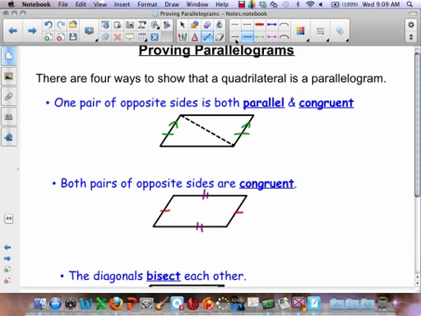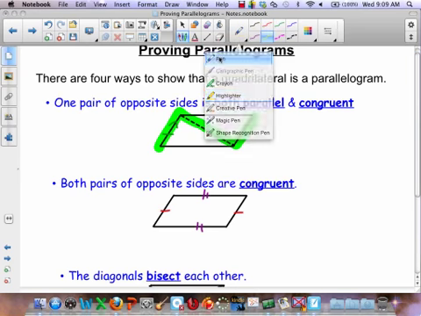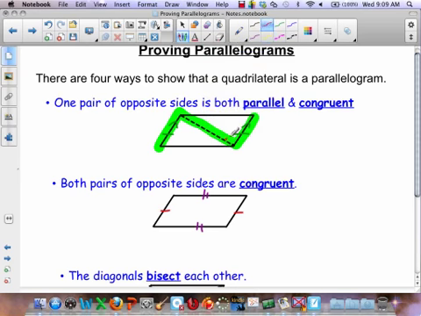And remember we talked about the Z? Anytime you have the Z with parallel lines and a transversal, what do we have? Alternate interior angles. And since the diagonal is shared by both triangles, I have side, angle, side congruent, so my two triangles are congruent. And since the two triangles are congruent, the corresponding parts must be congruent. Therefore, we get a parallelogram.